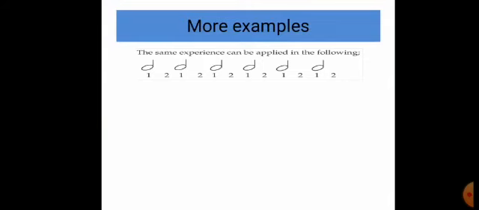Okay, so we have 1, 2, 3, 4, 5, 6 of the main names here. Let's see how that 1, 2 will go. 1, 2, 1, 2, 1, 2. You see, I didn't go by this 1, 2, 1, 2.